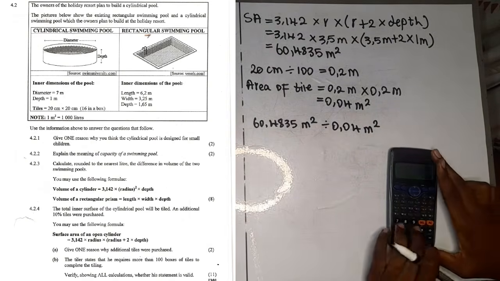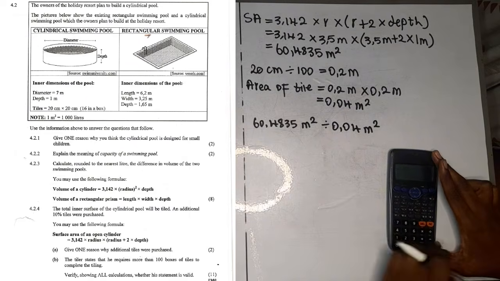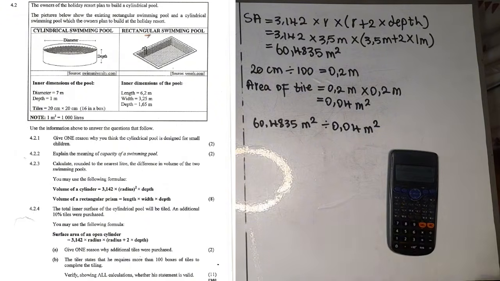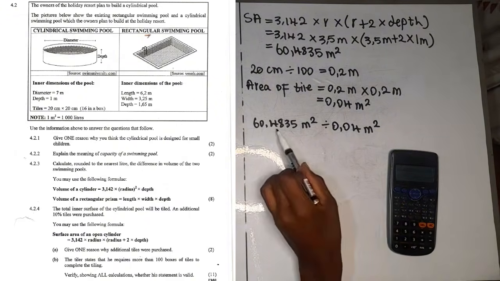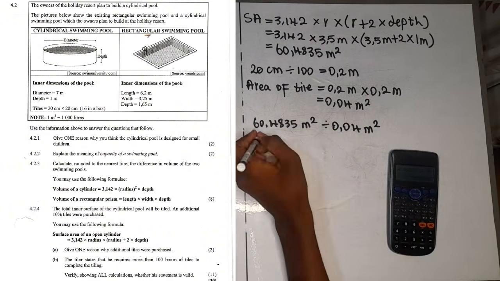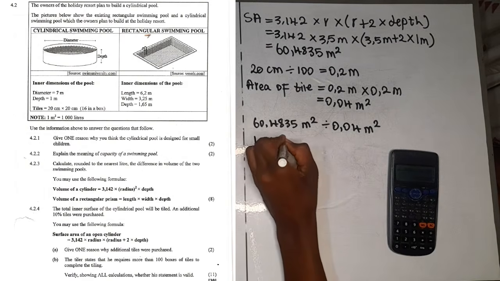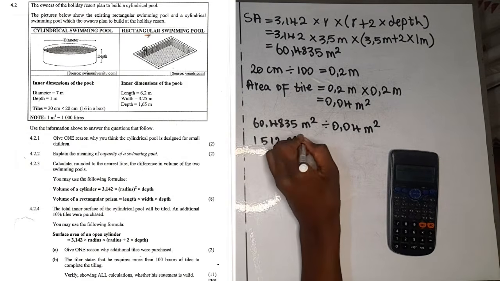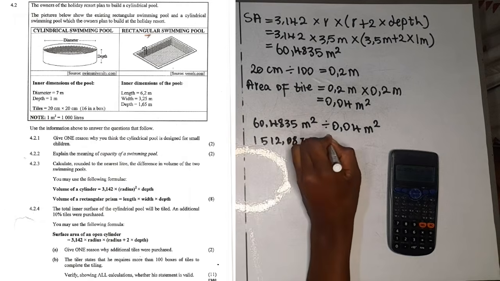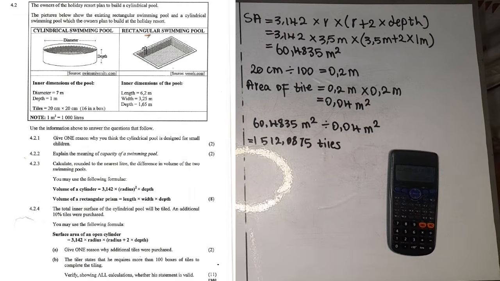So we're going to say 60.4835 divided by 0.04, and that gives us a total of 1512.0875 tiles.